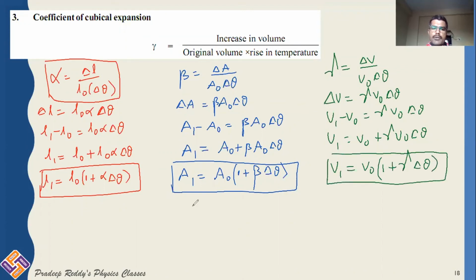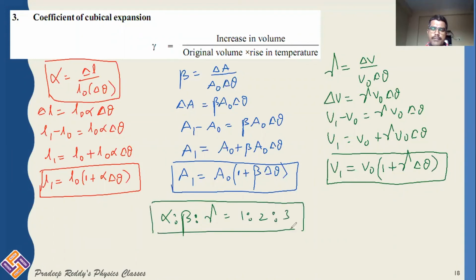And usually we have the relation for alpha, beta and gamma as 1:2:3. That's the relation for alpha, beta and gamma. Final length, final area, final volume: you can use these expressions to solve problems that we will be discussing in the next video lecture.